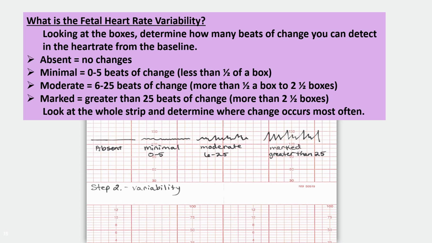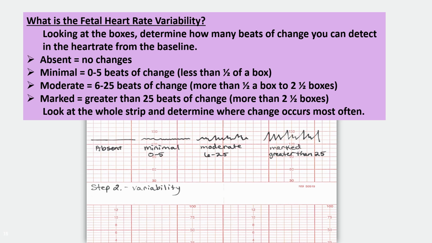Absent variability very rarely evolves to minimal or moderate, and patients often walk in the door with absent variability. It's not something that we see over time because hopefully we're recognizing the strip is deteriorating before it reaches that point. So just be aware of that.